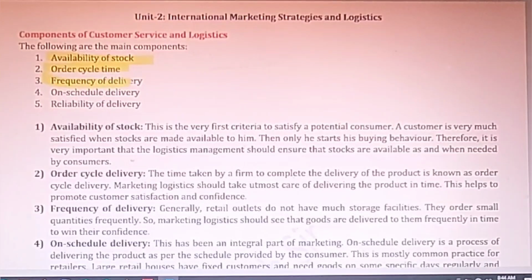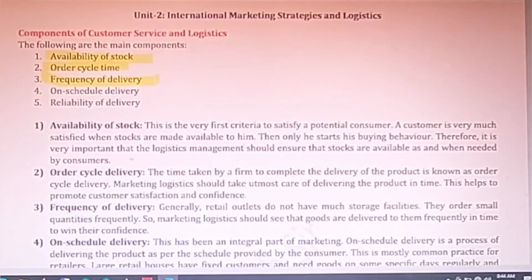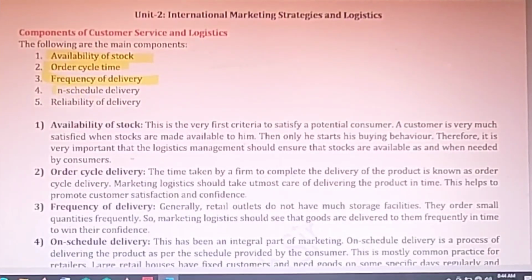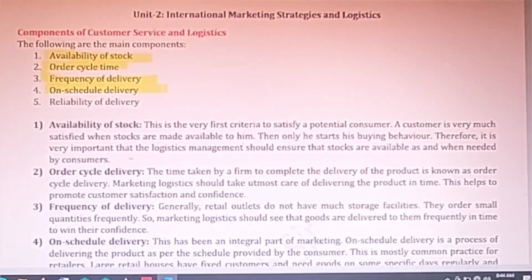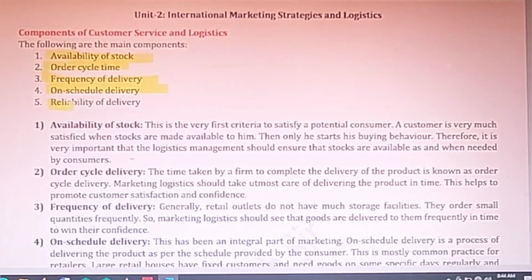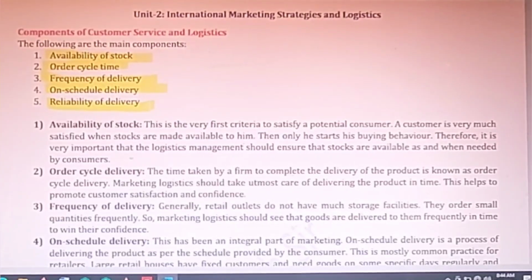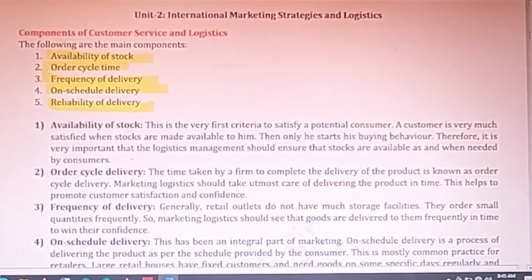Then comes frequency of delivery, like how many times the delivery is available to the customers. Then on schedule delivery, like as requested by the customer, so the trader has to deliver the product accordingly. Then reliability of delivery, that means goods are delivered to the customers in right conditions.